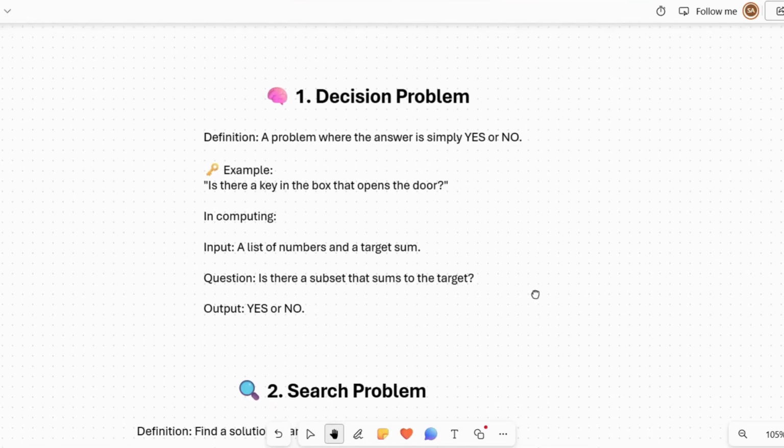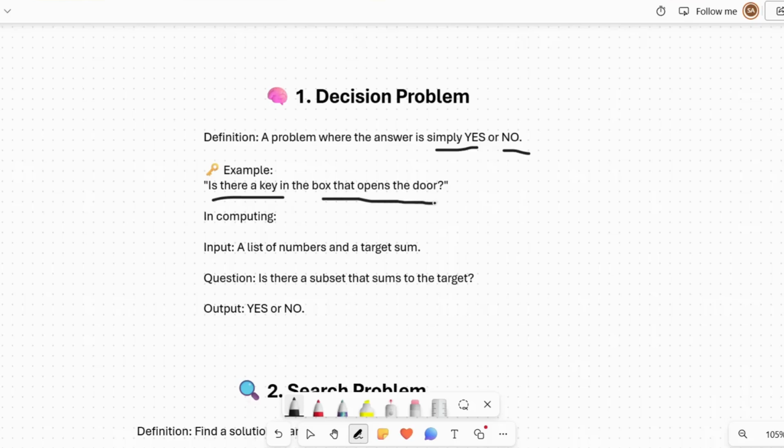Decision problem. Definition: a problem where the answer is simply yes or no. So this is very simple. For example, you ask someone, is there a key in the box to open the door?